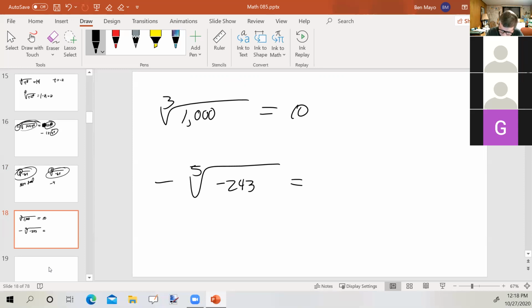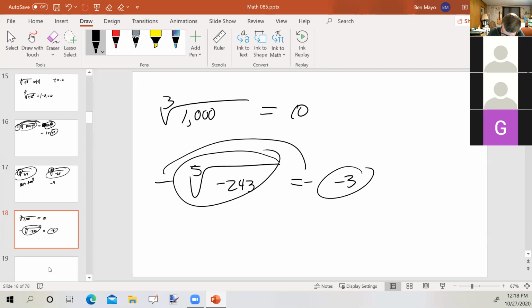Negative 3. The final answer or just the inside part? The final answer. Oh, careful, because this would equal that. So then this would give you that. You see it, Greg? Yeah, I see that. Tricky stuff. I know. I'm so mean today. I just keep tricking you folks.